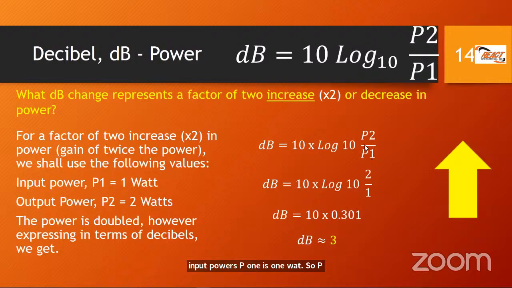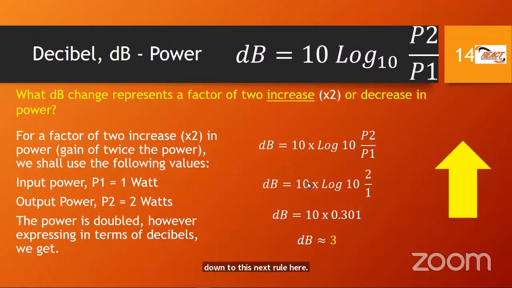That's the denominator, and the numerator is P2, the output power. That is how the ratio works: output power over input power. So P2 is 2 watts. We substitute 1 watt for P1 and 2 watts for P2, and then we go to the next equation.